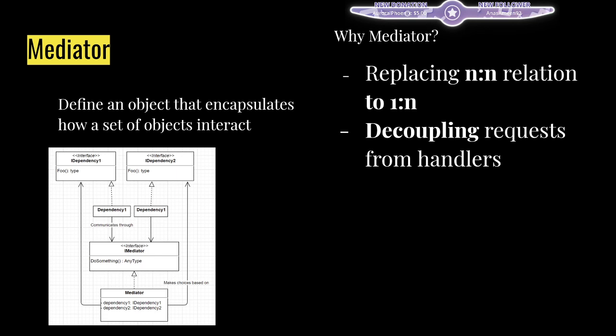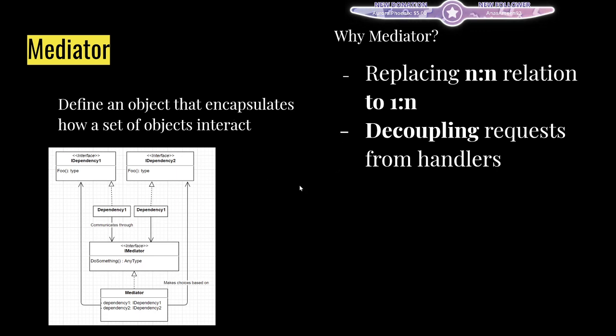So in a broad sense, mediator simply separates requests and handlers. It decouples the two. And it solves the many-to-many problem by putting mediator in between, replacing the many-to-many relation with a one-to-many relation, just like in databases. But I won't go into detail.